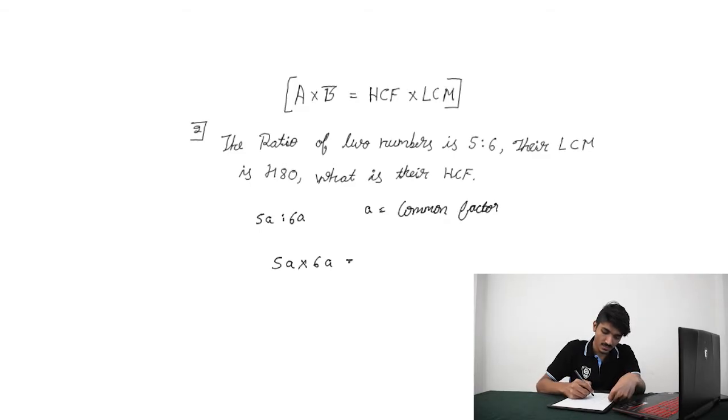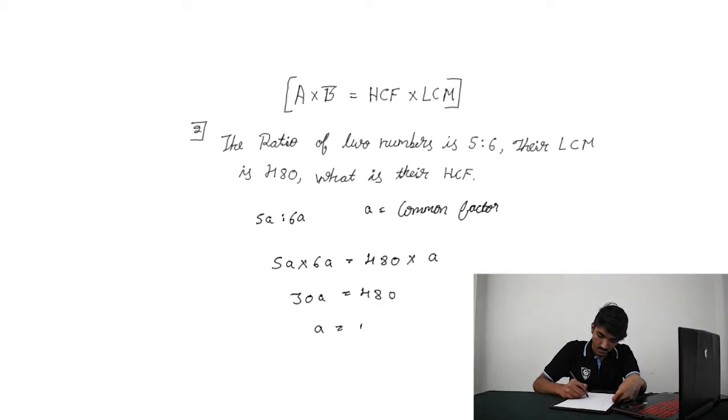It's given the LCM is 480 and the HCF is A. Solving this, it gives 30A equal to 480. So A will be equal to 16. So the HCF is 16.